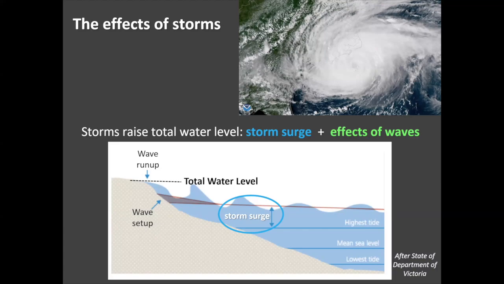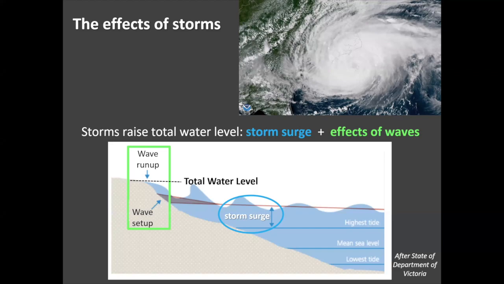And added to this is the effect of large waves that are generated by storms, which further elevate the water level, both because breaking waves push water landward and elevate the water level in that way, and also because larger waves run up higher on the landscape.